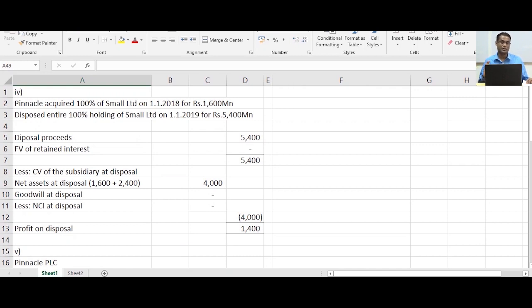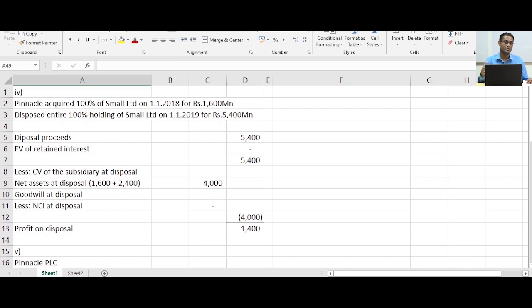So what are the 7 workings that you need? 5 mandatory workings: group structure number 1, net asset table number 2, working number 3 goodwill, working number 4 non-controlling interest, working number 5 consolidated retained earnings, working number 6 consolidated other components of equity, as you have a separate reserve called other components of equity, and working number 7, investment in associate, as you have an associate.